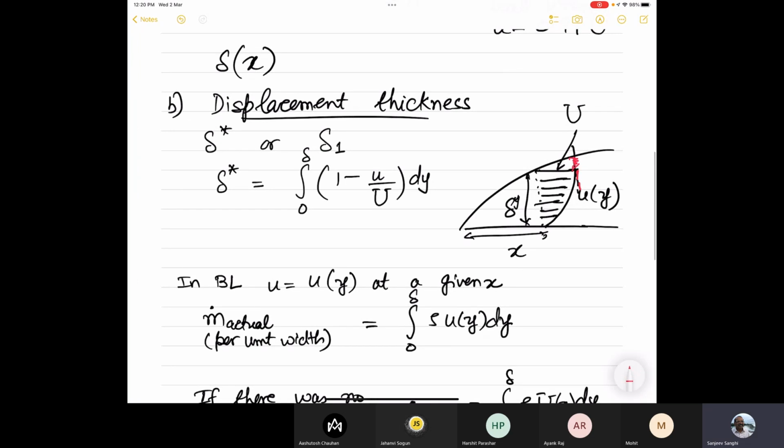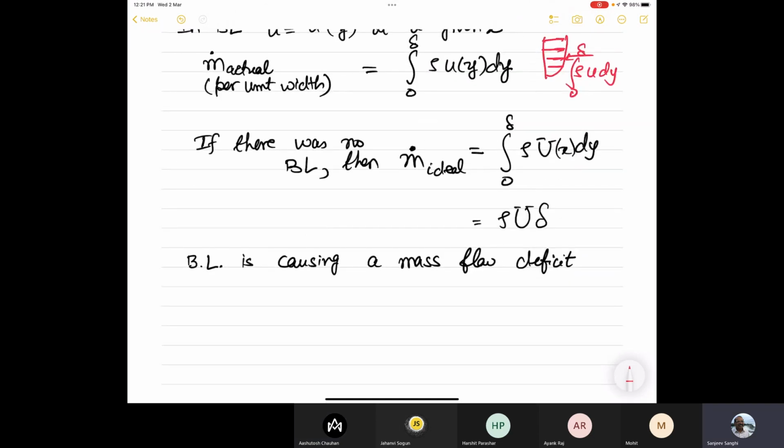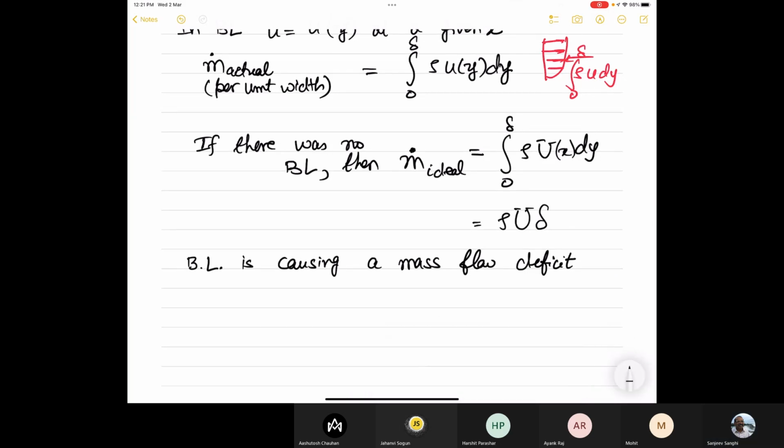This red colored rectangle is rho U delta, whereas this area is the integral of rho u dy from 0 to delta. Is this clear? So once you understand this, you can think that the boundary layer is actually causing a mass flow deficit.